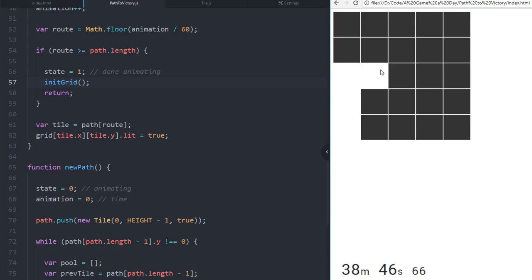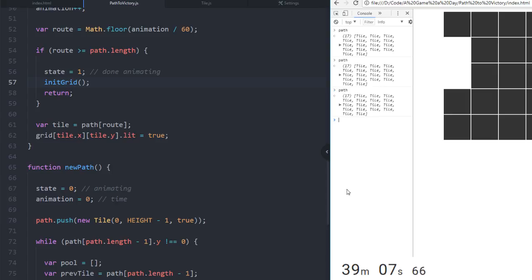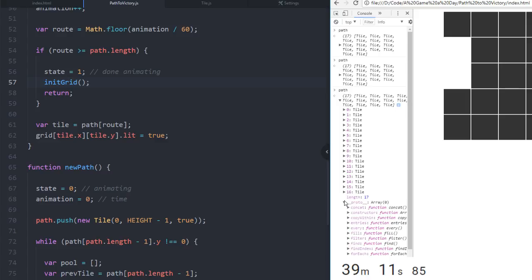Where's it going? Up to the left. Oh, wow, okay. And then it goes up. And then, oh, you see now, okay, that's odd. Let's look at, no.